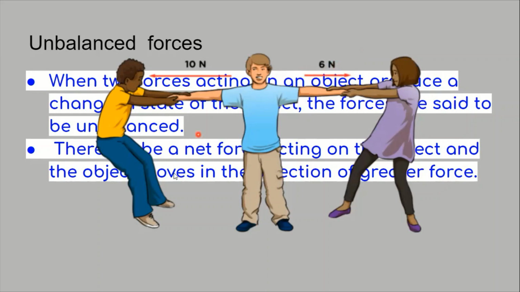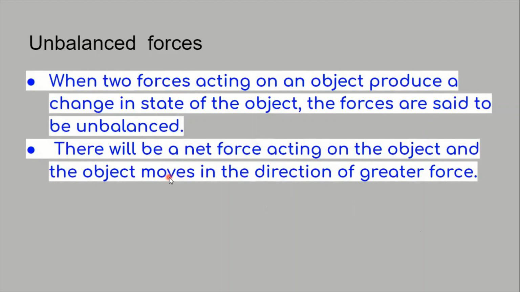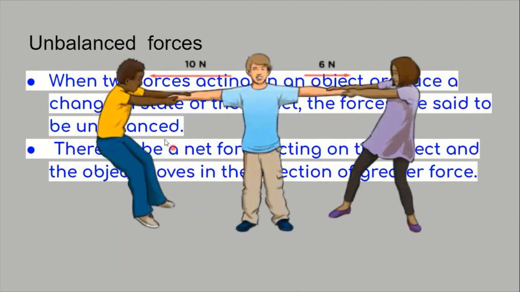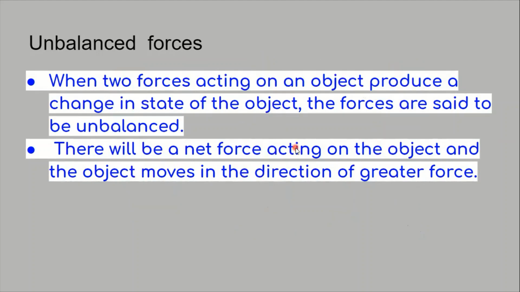And we saw here that the object moves in the direction of the greater force. So the greater force is made by this boy, so he will be pulling the middle boy and he will move from here. And what will be the net force on this object? Yes, 10 minus 6, 4 Newton.